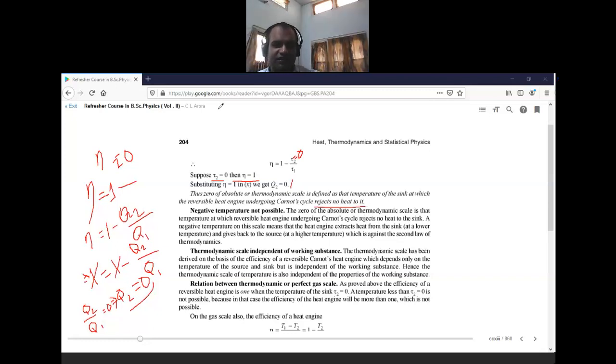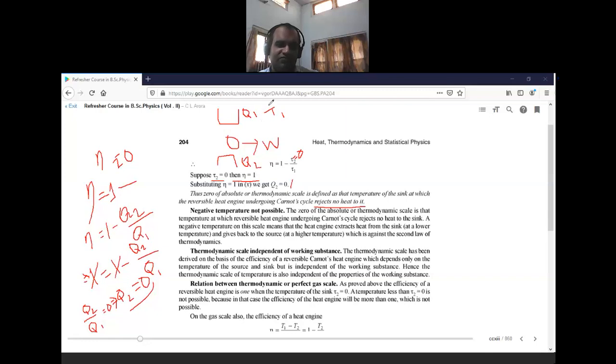Okay, let me quickly draw the cycle. This is the source. This is the sink. This is the working substance doing some work W. Work we are not considering here. Here we are directly considering T1 and T2. Suppose the rejected heat is Q2.